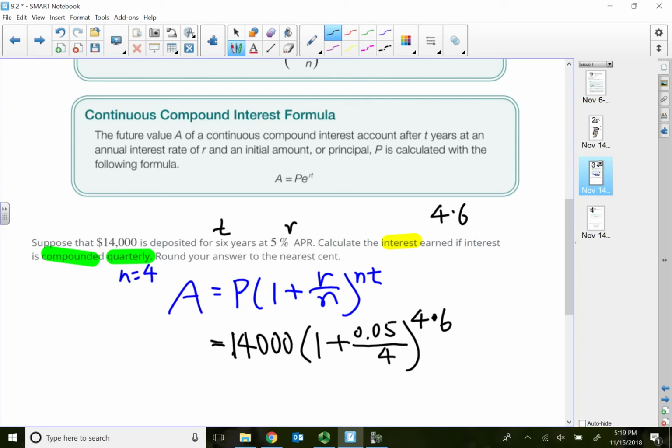That 24 represents that this account will compound 24 times total during those 6 years. It will take the principal plus the interest, keep using that same money in the account, and keep rolling over.